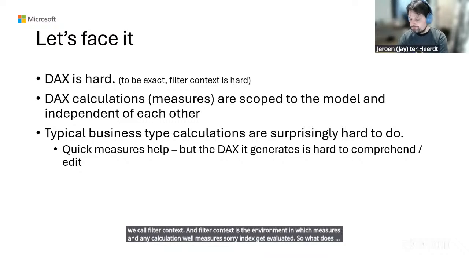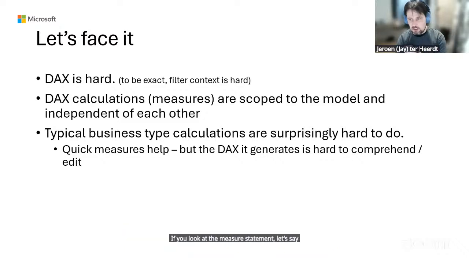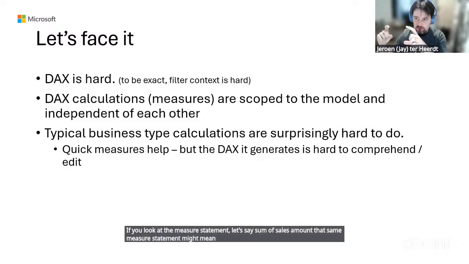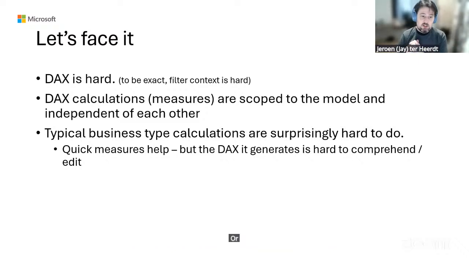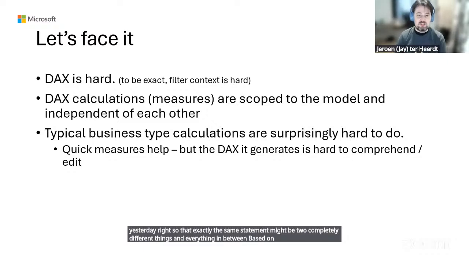It means that if you look at a measure statement, let's say sum of sales amount, that same measure statement might mean the total sales of all products across all the years in all countries in the world where we sell products in our data set, or it might mean the total sales of all yellow products in New York yesterday, right? So that exact same statement might mean two completely different things, and everything in between, based on the filter context in which it's getting executed.